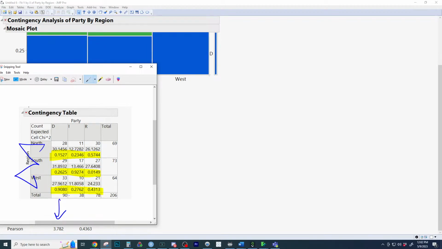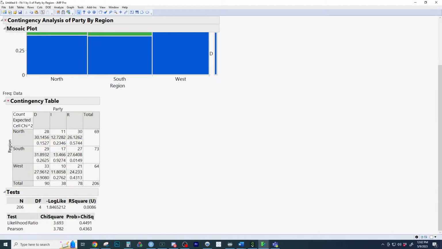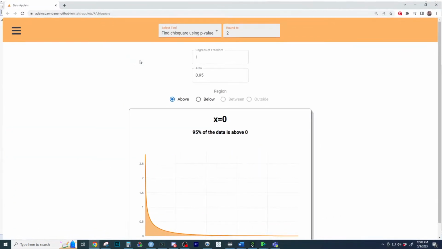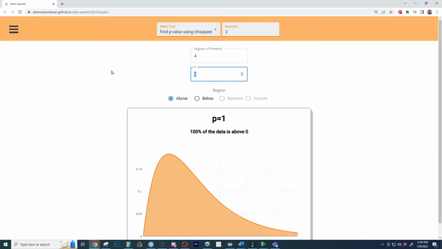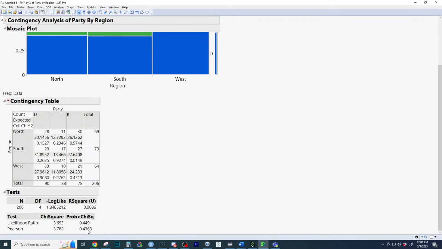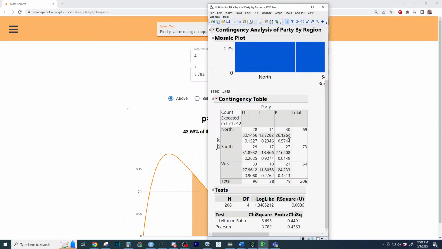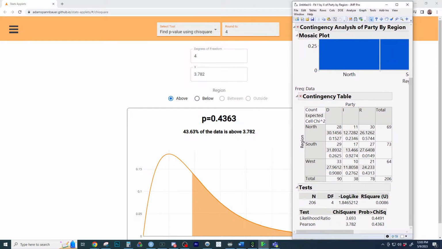So we take all the cell chi-squareds, all those numbers I've highlighted, add them up, and that gives us the Pearson chi-squared test statistic, which is then plotted on the chi-squared distribution. It's 3.782. So we take the 3.782, and with 4 degrees of freedom, we find the p-value, which we see in the output: 0.4363.